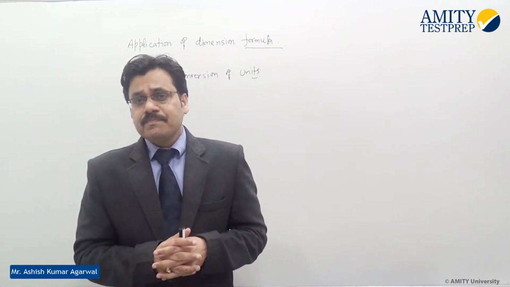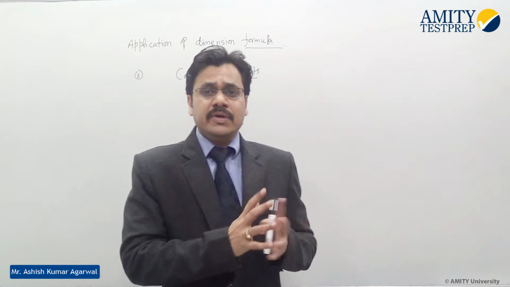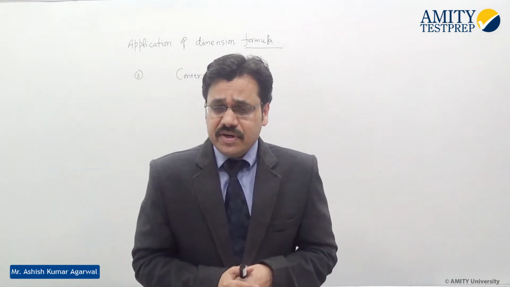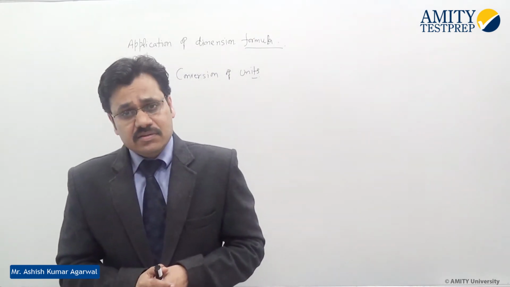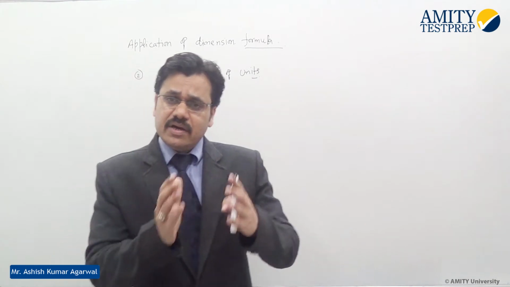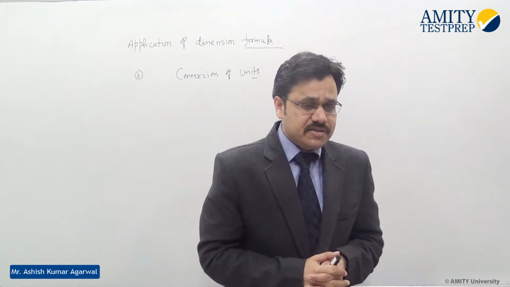Suppose I consider two sets of units. Suppose I take one set as the SI unit, the international unit system, that is the meter, kilogram, second system, and another one is the CGS system, the centimeter, gram, second system.